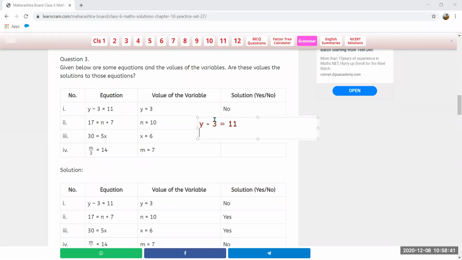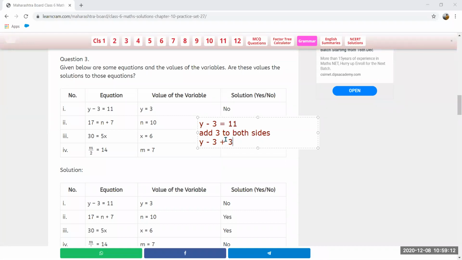Now here y minus 3 is equal to 11. Minus 3 is given. That's why we are going to add 3 to both sides, right? Now, after adding 3 to both sides, what would be the equation? y minus 3 plus 3.